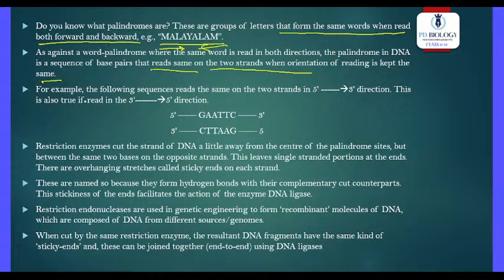See the example here: from 5 prime to 3 prime, GAATTC, and from 3 prime to 5 prime, CTTAAG. That is the same in both directions, and that is the palindromic sequence.